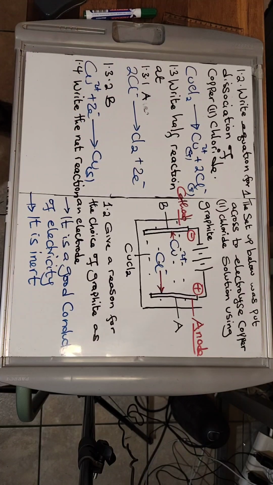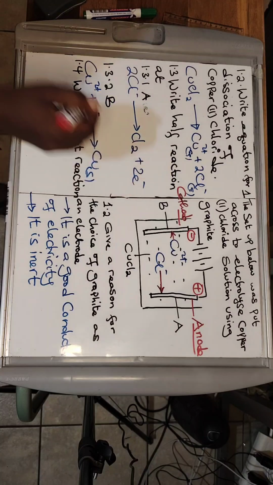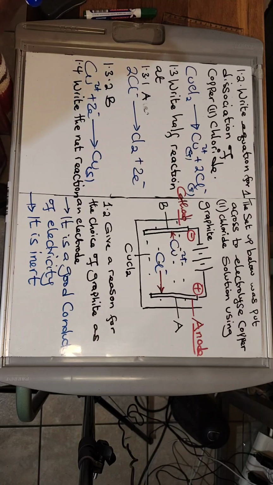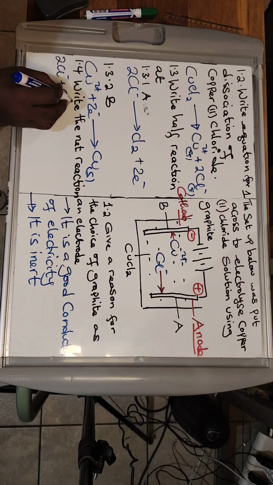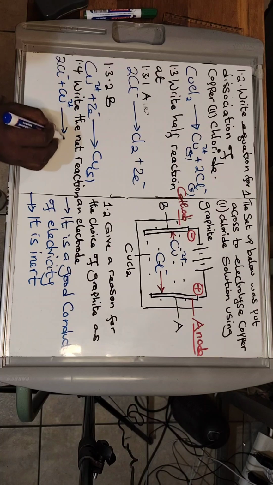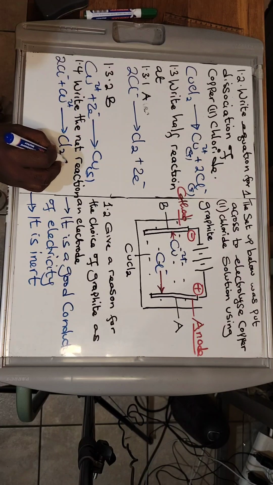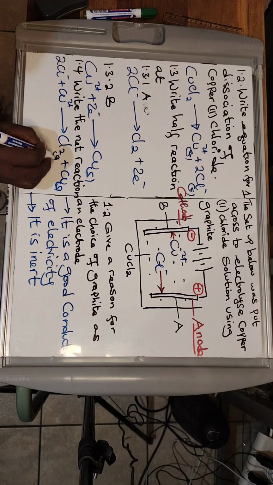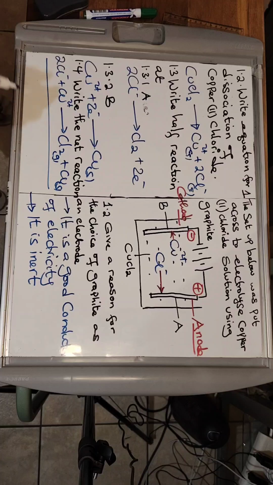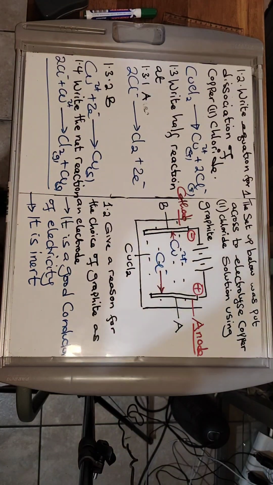You cancel the electrons out and you write what remains after that, which is going to be 2 chloride ions plus copper ions, giving you chlorine gas plus copper solid. So this is our net reaction.